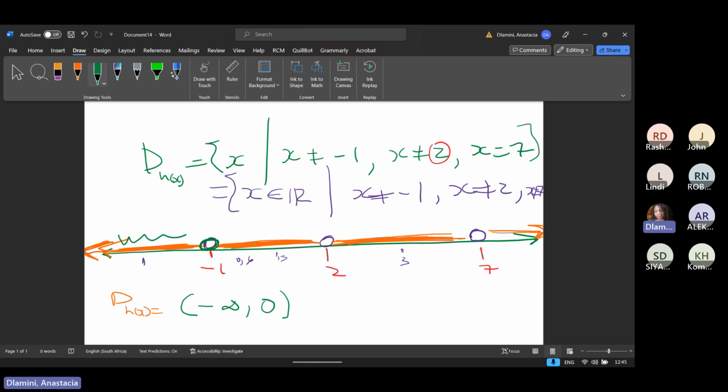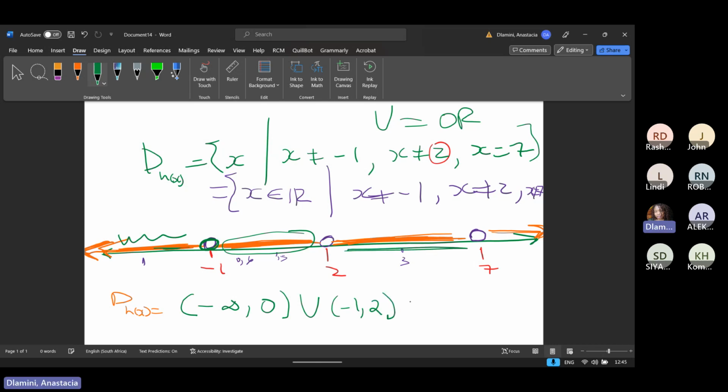The function, the domain, is defined here. The function h of x is defined from negative infinity to 0. This is where the orange line is. Or, remember, the union means or. Or, the function is defined between -1 and 2.